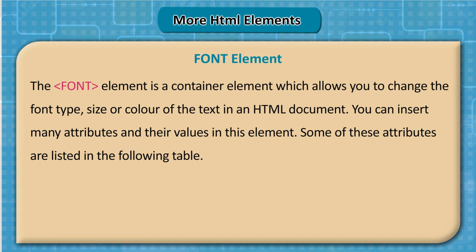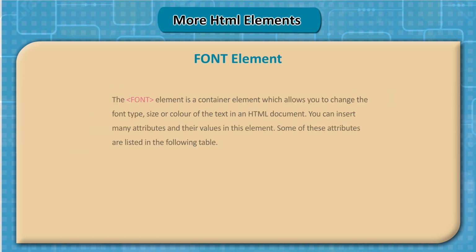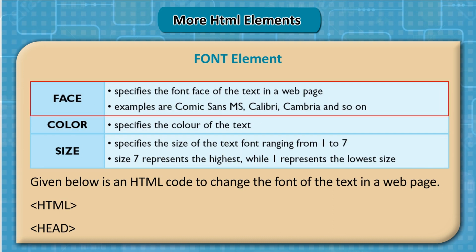Font element. The font element is a container element which allows you to change the font type, size or color of the text in an HTML document. You can insert many attributes and their values in this element. Some of these attributes are listed in the following table. Face.